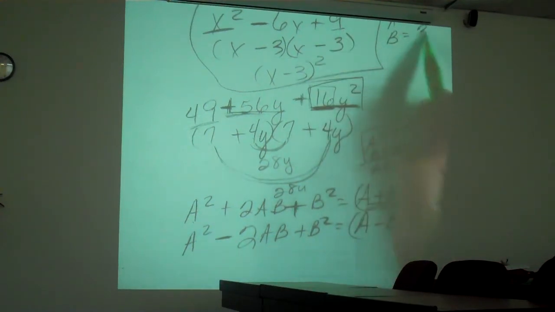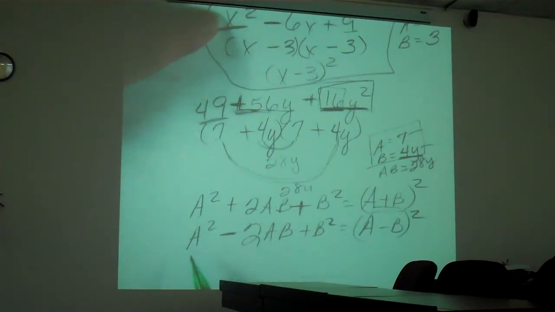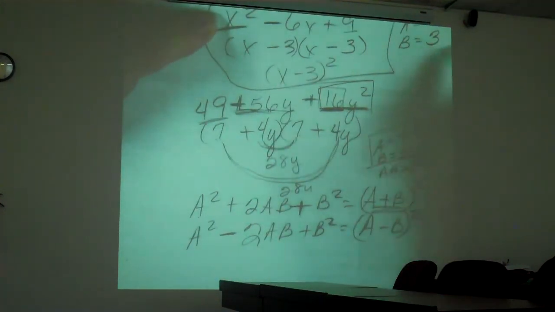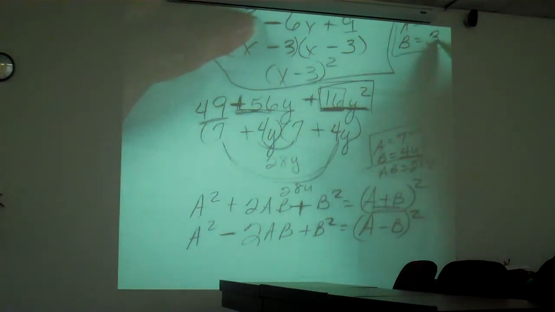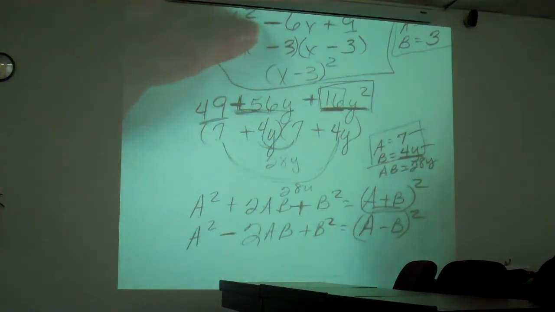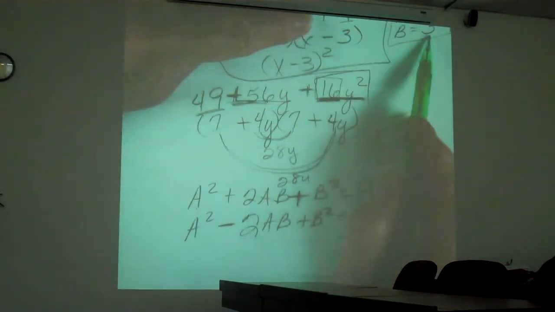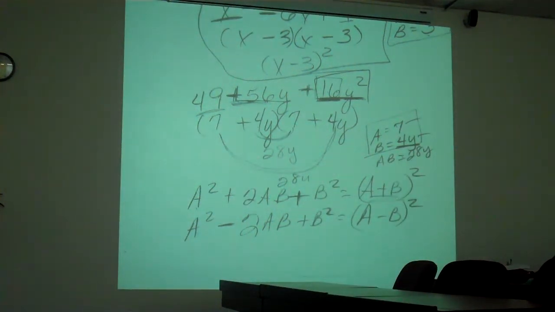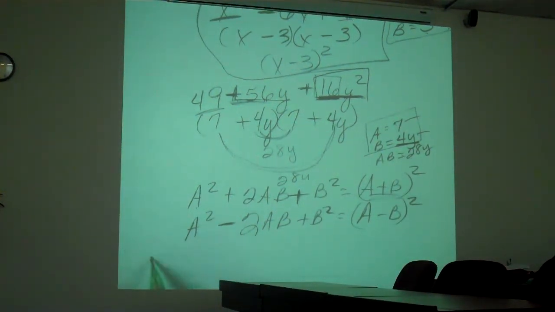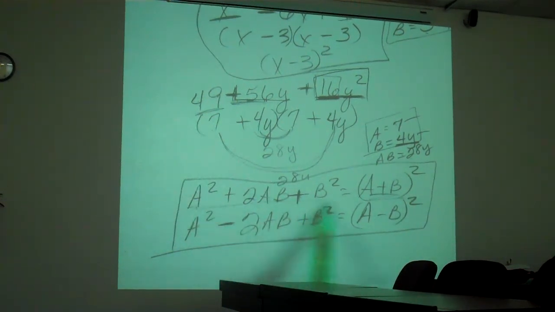B is 3. See? A squared. And then minus 2 times that. Minus 2 times 3x is minus 6x. And then you have plus b squared. Plus 3 squared is 9. So it may not be as easy to recognize, but if you get to where you can recognize it, you can just go straight from looking at this to writing it right there.